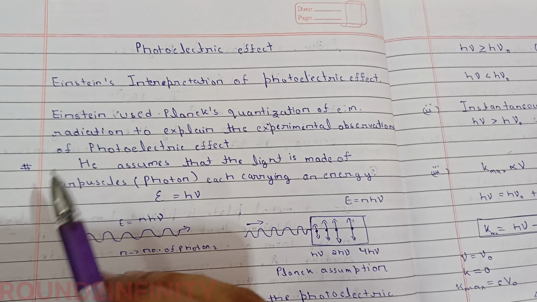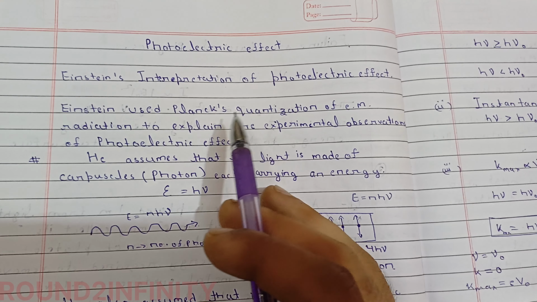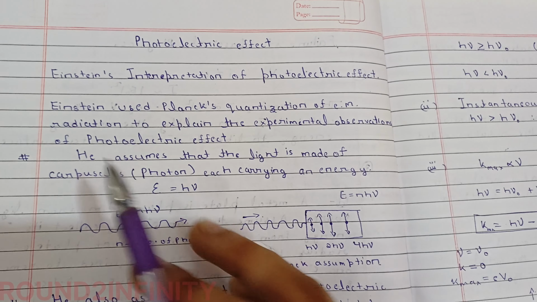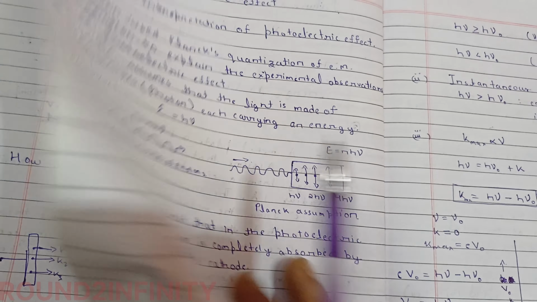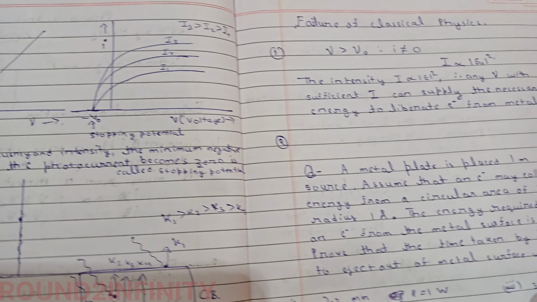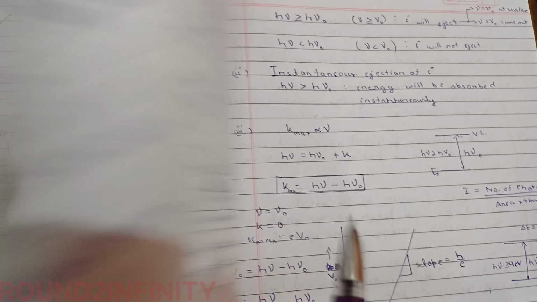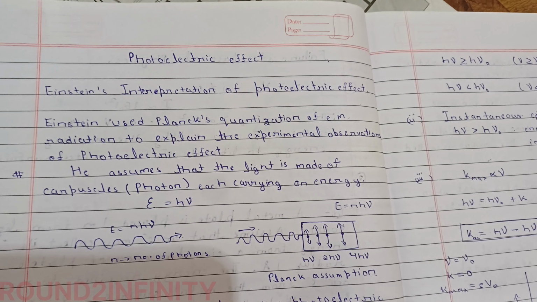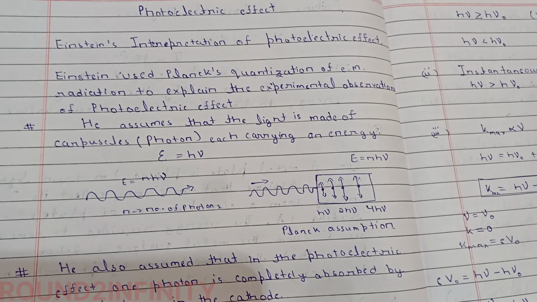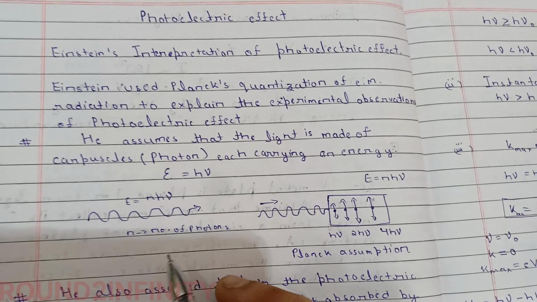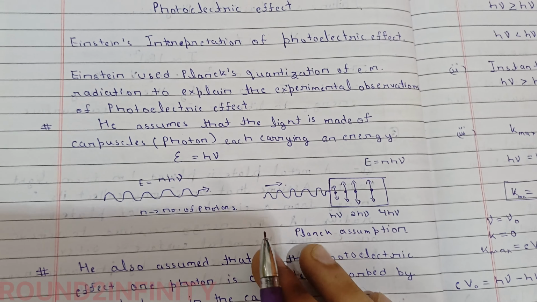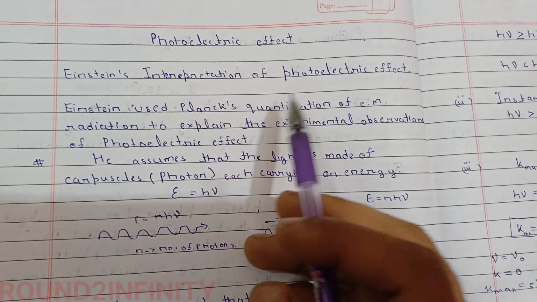In the last lecture we discussed the observations made in 1887 by Hertz in the experiment on the photoelectric effect, and we studied the failures of classical physics in this case. Now we will see the Einstein interpretation and how he explained all those failures.